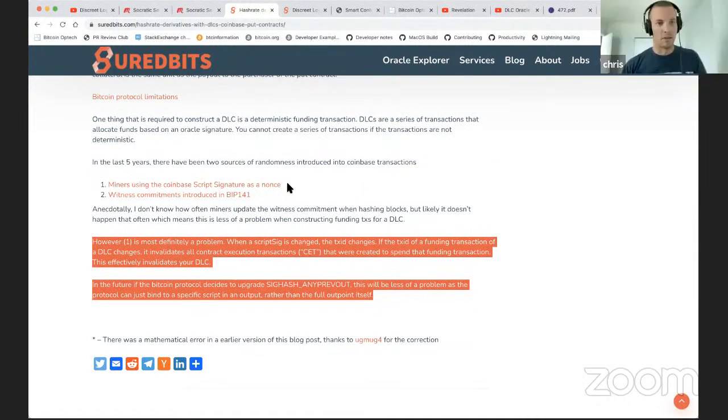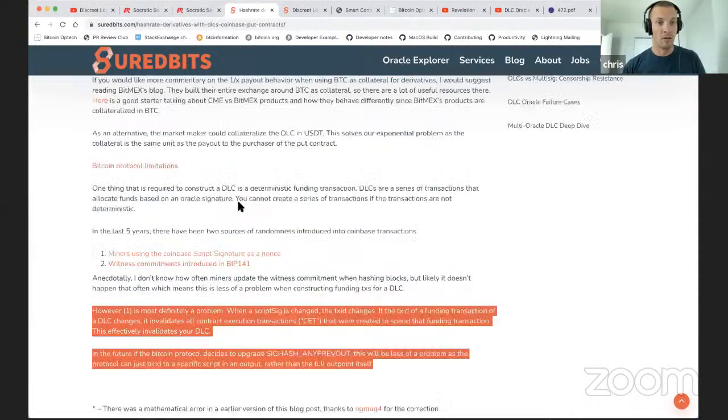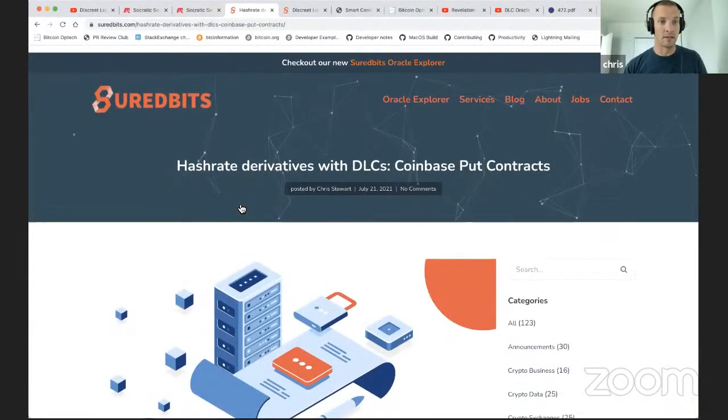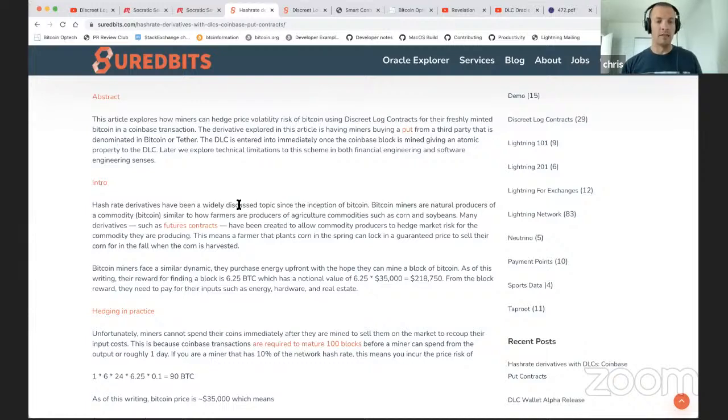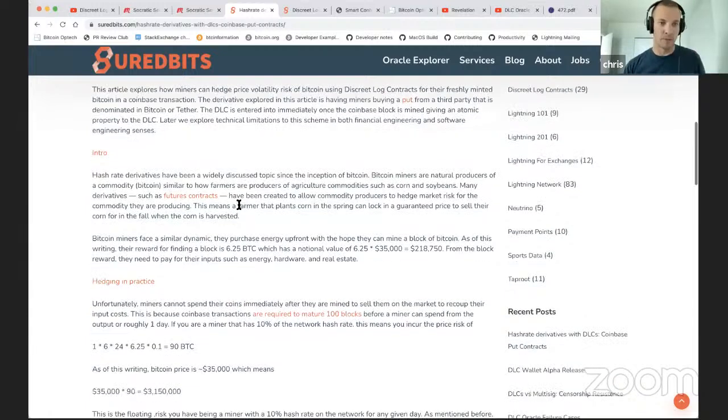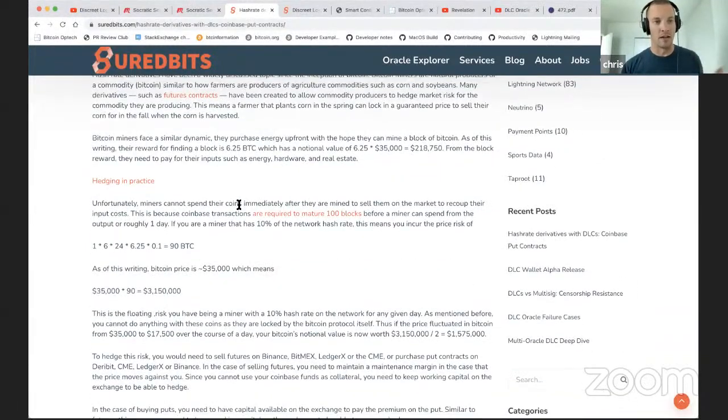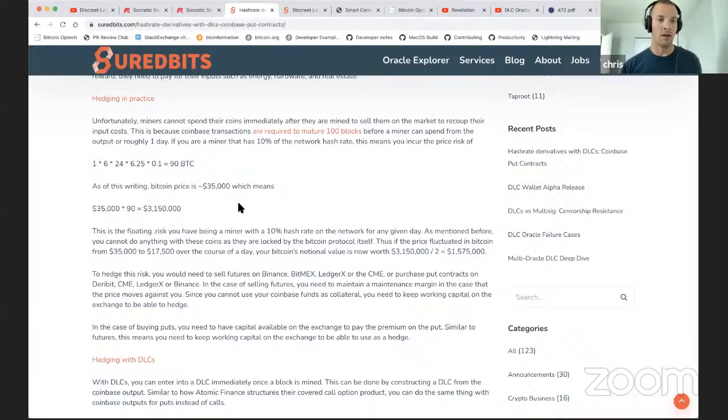I was just going to say, with the Coinbase put contracts example, the tough part for creating a DLC predicated on the Coinbase transaction is the fact that miners tweak the script sig and the witness commitment, which ends up changing the funding transaction ID for your DLC every time a hash is performed.